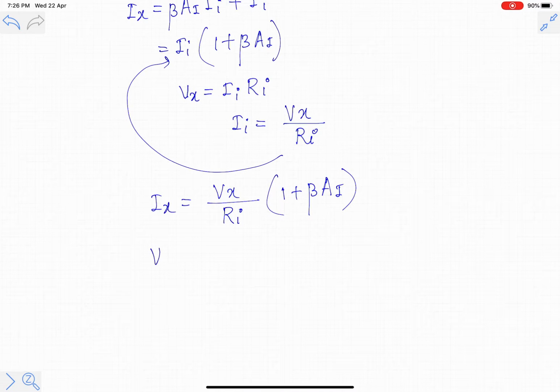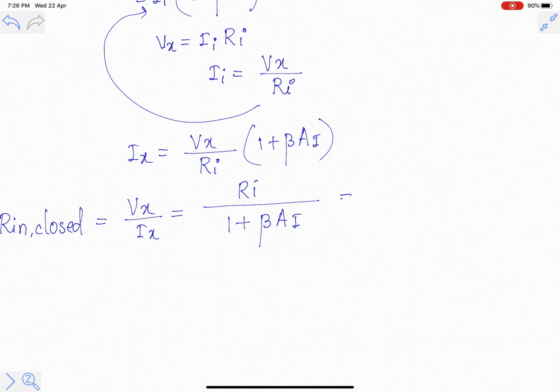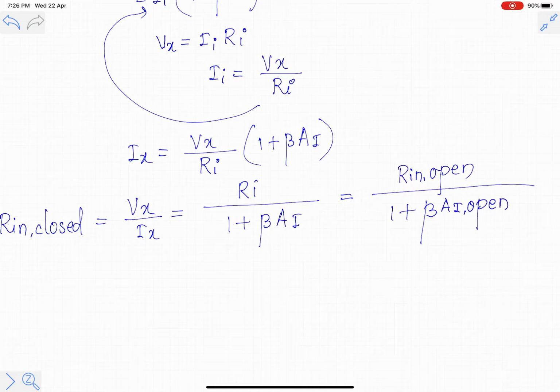So from this, Vx by Ix is equal to Ri upon 1 plus beta into AI. Vx by Ix we called R in closed, and Ri is R in open. So we can write R in closed is equal to R in open divided by 1 plus beta into AI open, and this is obvious.